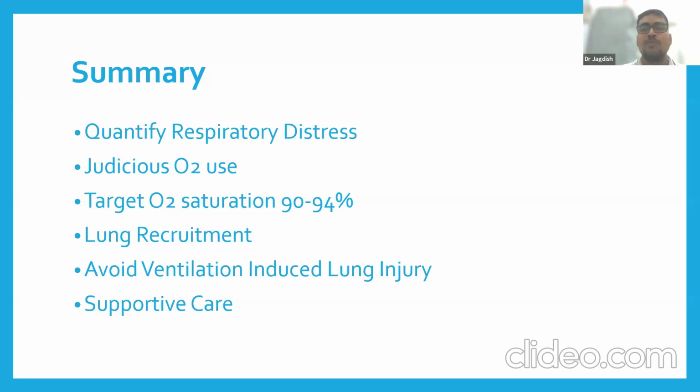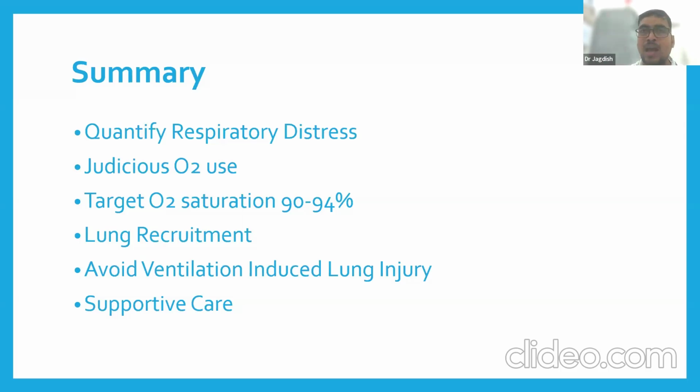Fourth point, we have to decide whether the lung is adequately recruited. How do you know the lung is adequately recruited? Looking clinically at minimal retractions, and if you go for X-ray, there is no overinflation of the lung. So it should be within 6 anterior ribs. Then always avoid ventilator-induced lung injury by avoiding invasive mechanical ventilation.